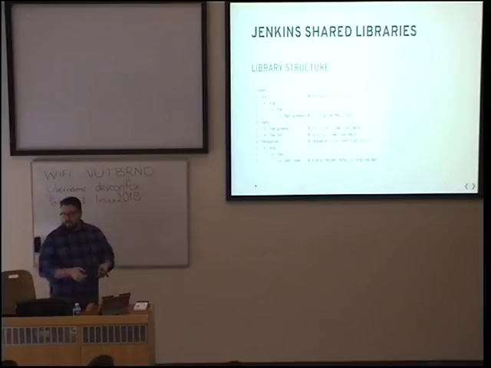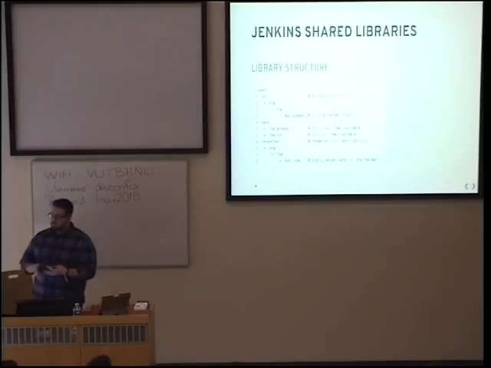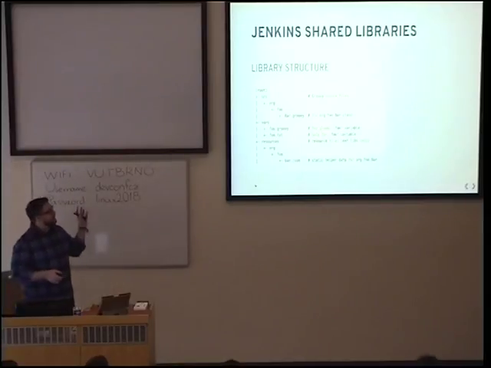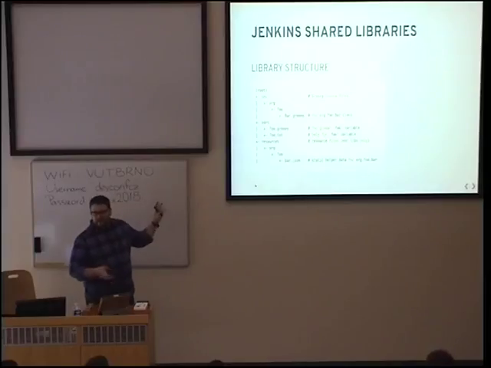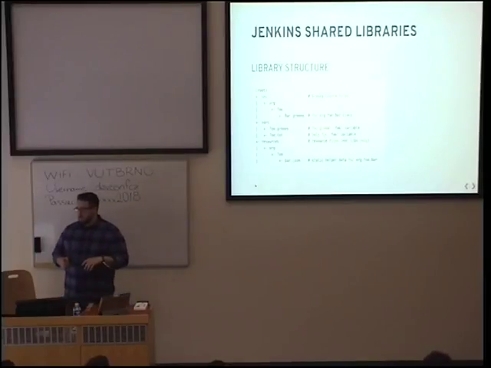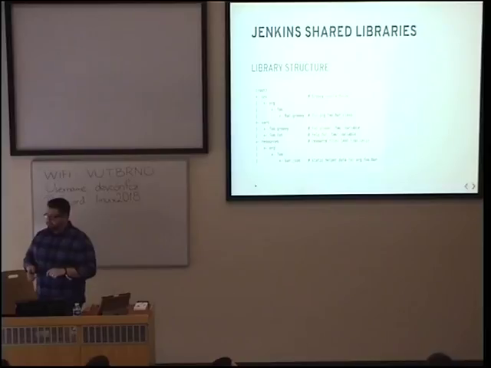So, shared library structures. There's an expected structure for these. There's a source directory, which, as you can see, is a typical Java class path, nothing too crazy. And then we have a vars directory.